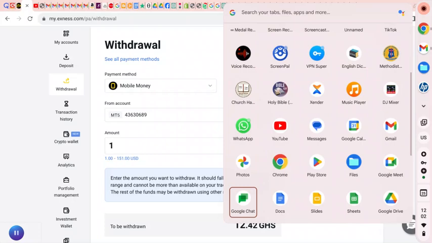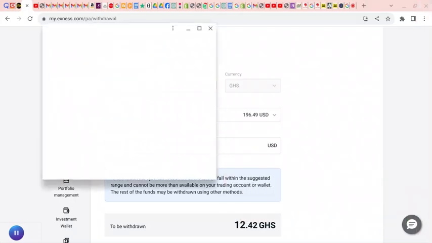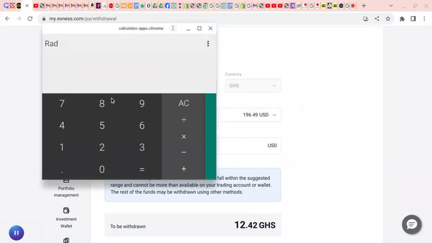Let's see the money you'll be earning within a month. 54 cedis times 31 days equals... So in a month you are earning 7,844 cedis.